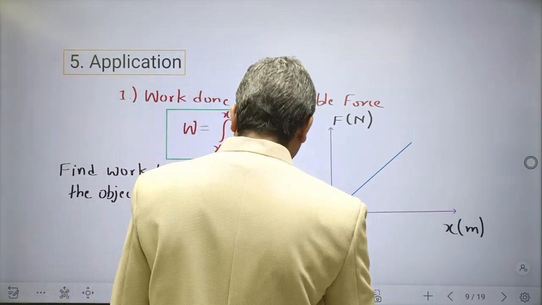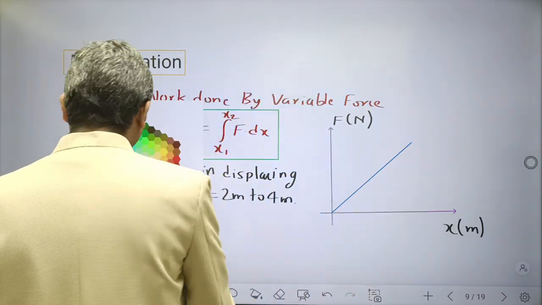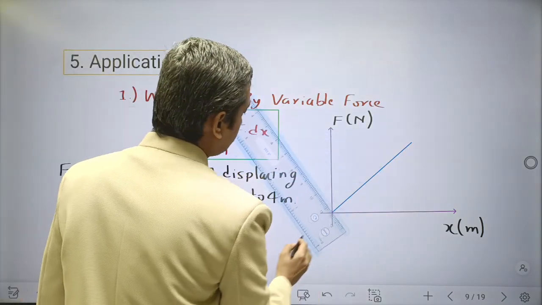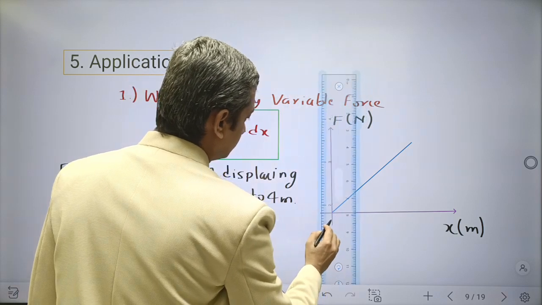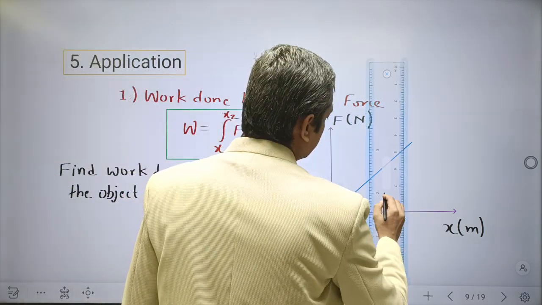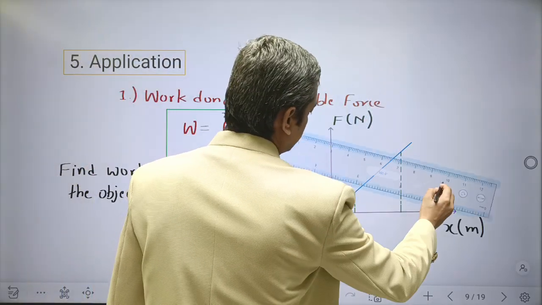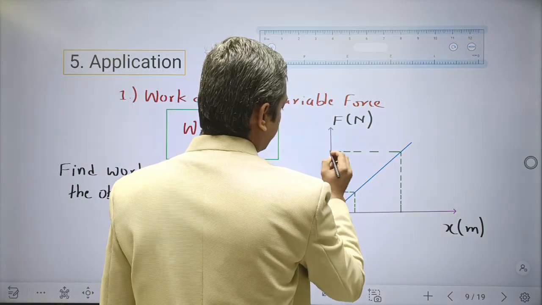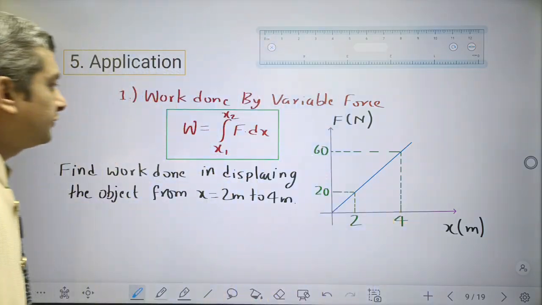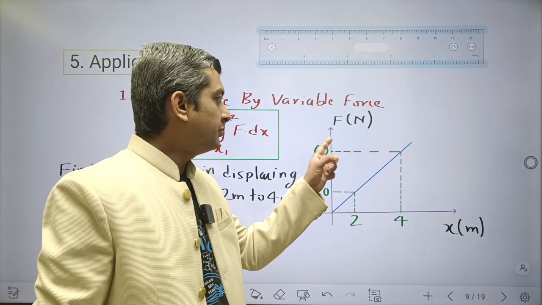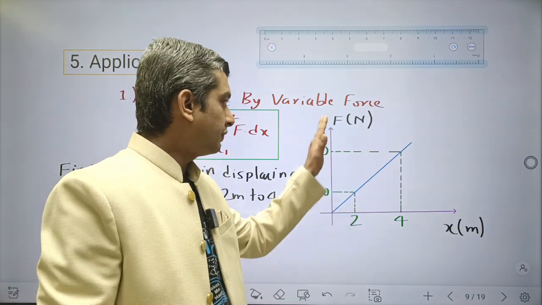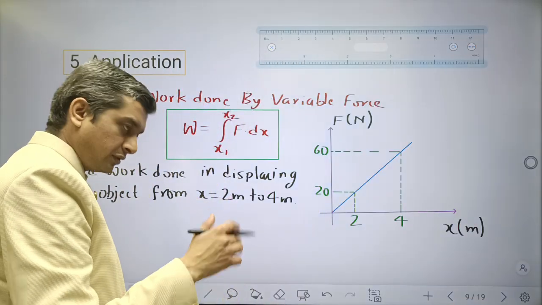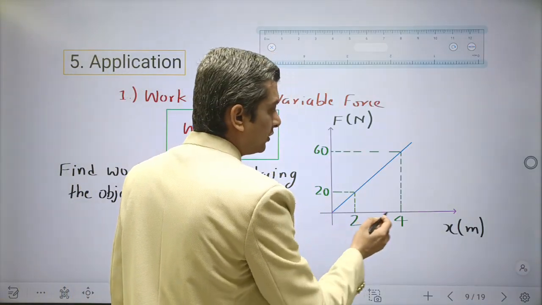These values are given in the question. This graph is given in the question, and on the y-axis we have force and on the x-axis we have displacement, and you have to find the work done in displacing the object from x is equal to 2 meter to 4 meter.